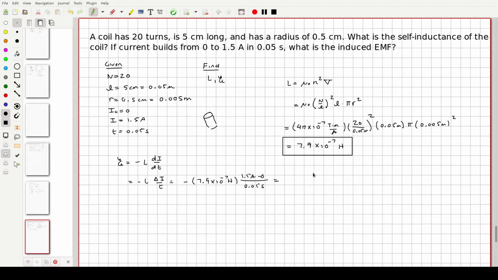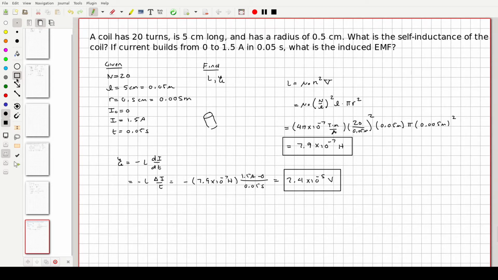So let's see, take that, multiply that by 1.5, then divide that by 0.05, and I end up with about 2.4 times 10 to the minus 5th volts. So there you go.